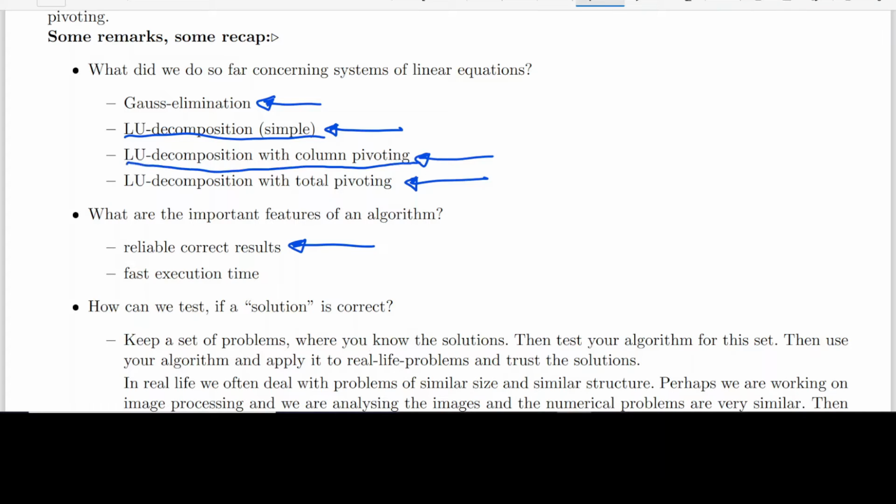Then we improved, but again we were able to make the algorithm produce ridiculous wrong results. But when we did total pivoting, we did not get any more ridiculous results, though the execution time was a little more. We also want fast algorithms. We don't want to spend 30% extra time if it's not really necessary. That's what we did, and that's what our focus was on.